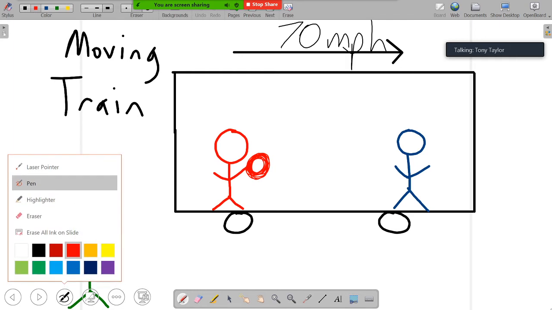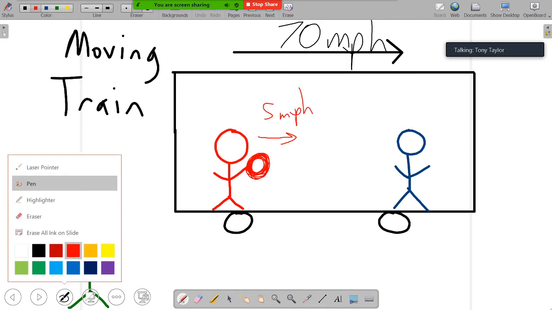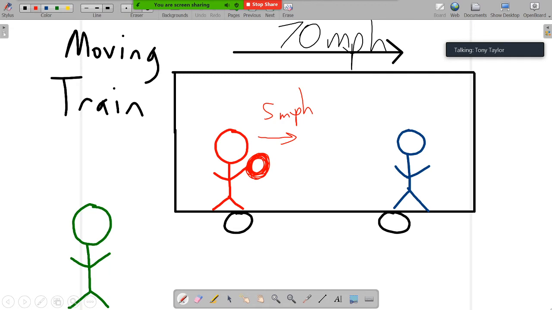And as he throws the ball, from the point of view of the people inside the train, in other words, from his point of view and his point of view, they both see the ball traveling at 5 miles per hour relative to their perspective inside the train.